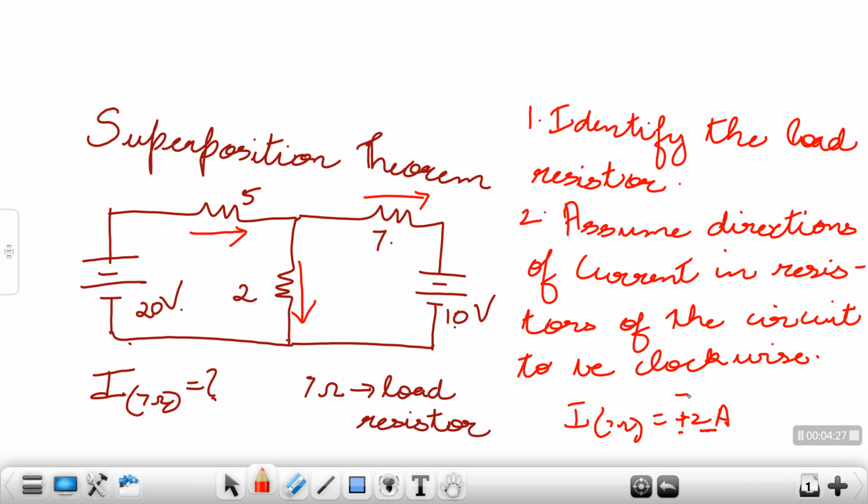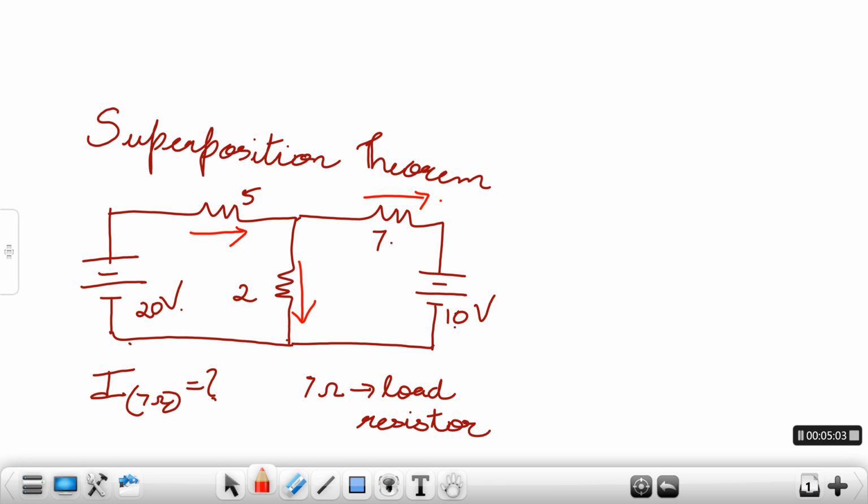If the sign comes out to be minus, you don't need to worry, the answer is still right. Minus means the direction you assumed is not right, but just the opposite. So the sign attached with the current reflects how the current is flowing in the 7 ohms resistor. Sign only reflects the direction of the flow of current in that particular resistor.